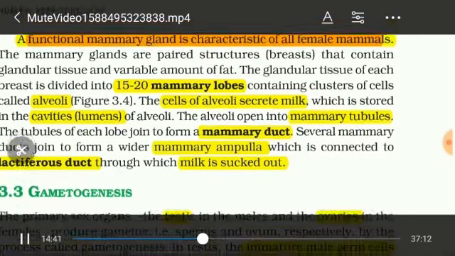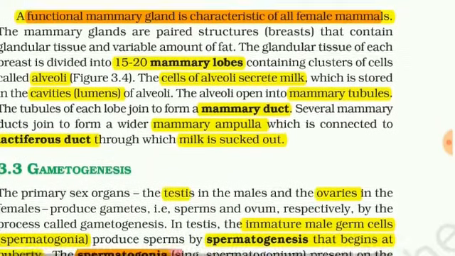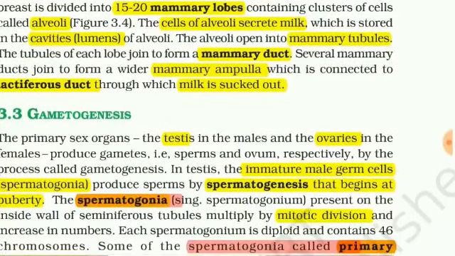The primary sex organs are the testis in the male and the ovary in the female, producing gametes and immature germ cells.